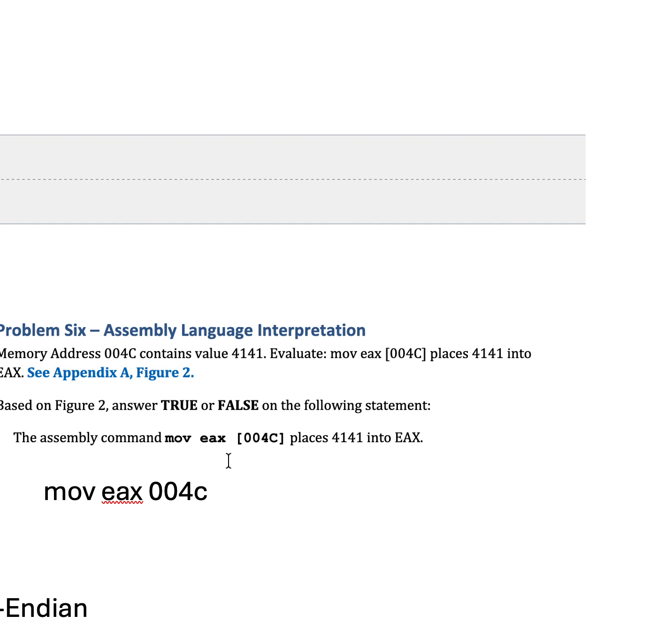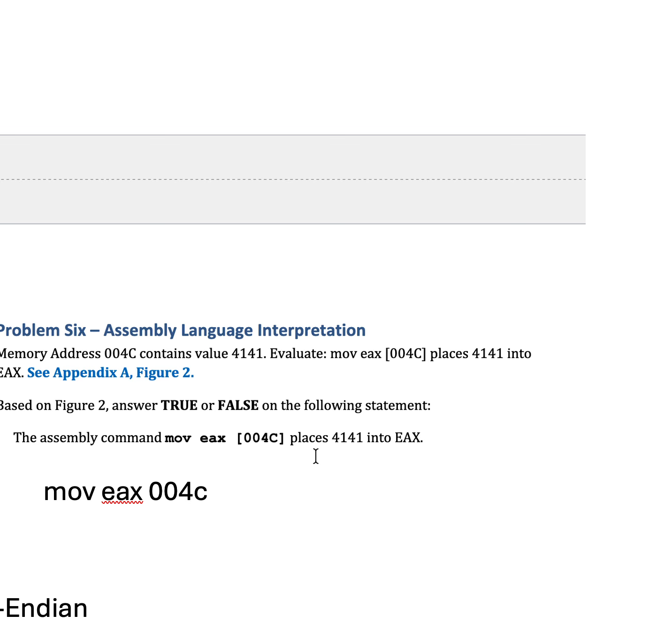Now, when you have the open and closed square brackets, that does not refer to the value 004C. That refers to the memory location 004C, and that memory location is going to have a value inside of it, which in this case, if you look at the diagram on the quiz, is 4141.